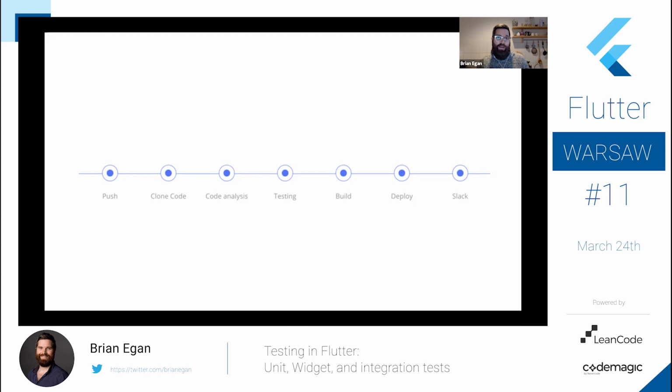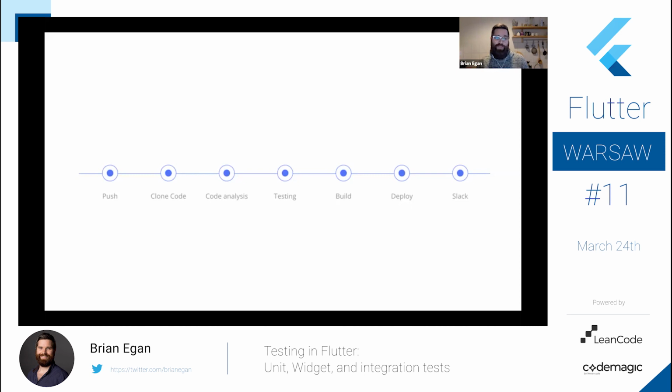And so at that point, you can set up a CI like Travis CI or Codemagic, of course, to actually run these different tasks. So in this case, this is where tests are really nice, because you could have your CI run all of your tests and make sure that none of the tests fail before it even tries to either build or deploy your application.